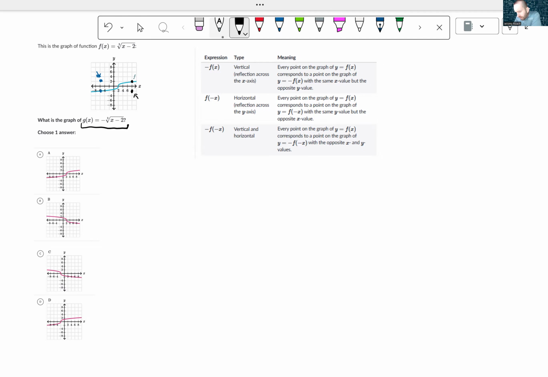So it looks like C and B look very, very close. So you've got to be careful with that also. We've got to look at that middle portion just to make sure. So that's at about 2, 1. So if it was reflected, it would be 2, negative 1.